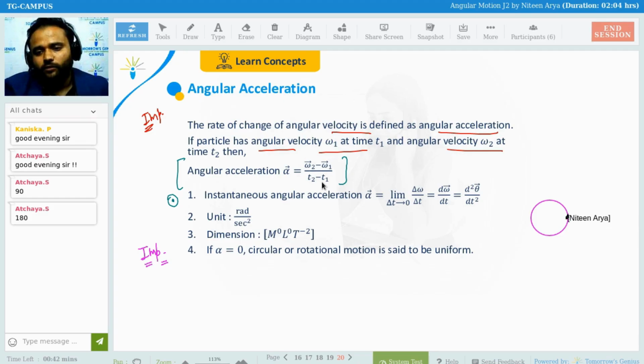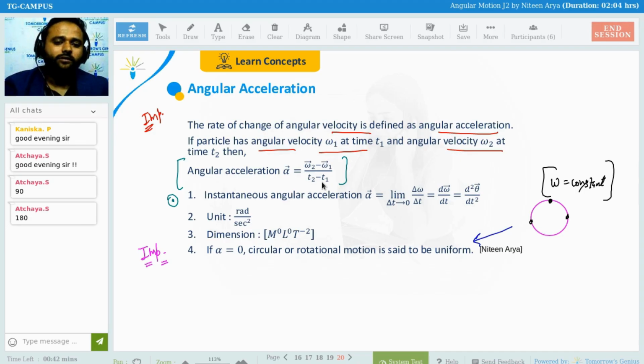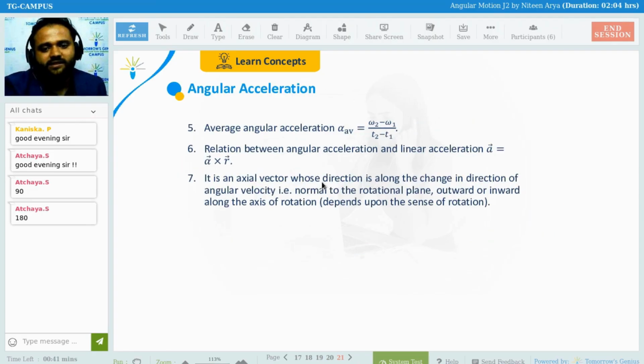If a particle is rotating in this way, the angular velocity omega is constant, and omega is constant for uniform circular or rotational motion. Is this clear? So these are a few important points, nothing much. The average acceleration is again omega 2 minus omega 1 divided by t2 minus t1, an important one.